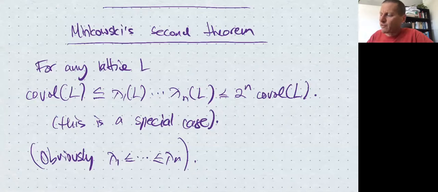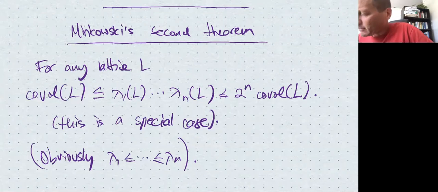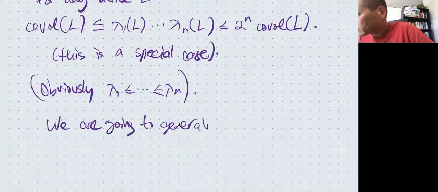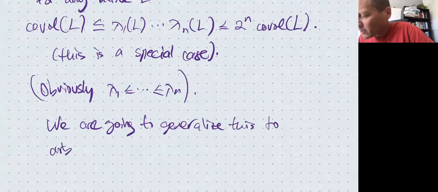But you might want to define the lambda i's in terms of some other norm, and you might want to get this kind of statement, inequalities on both sides, by quantities that are independent of the norm, and to make them as tight as possible. So that's what we're going to do now. We're going to generalize to arbitrary norms.